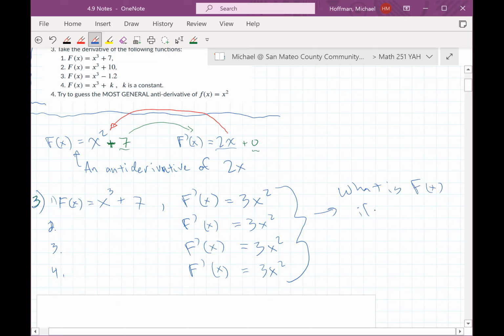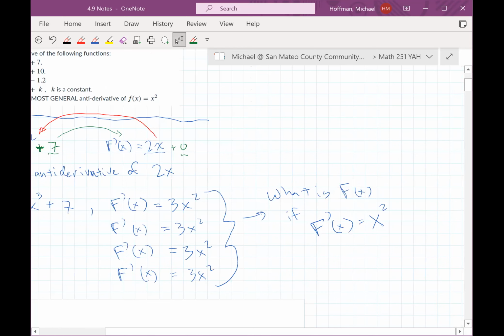So what is F of x if our big capital F prime of x is equal to just x squared? I know that if I take the derivative of x cubed, I get 3 times x squared. So if I'm taking the antiderivative of x squared, let's just try it.